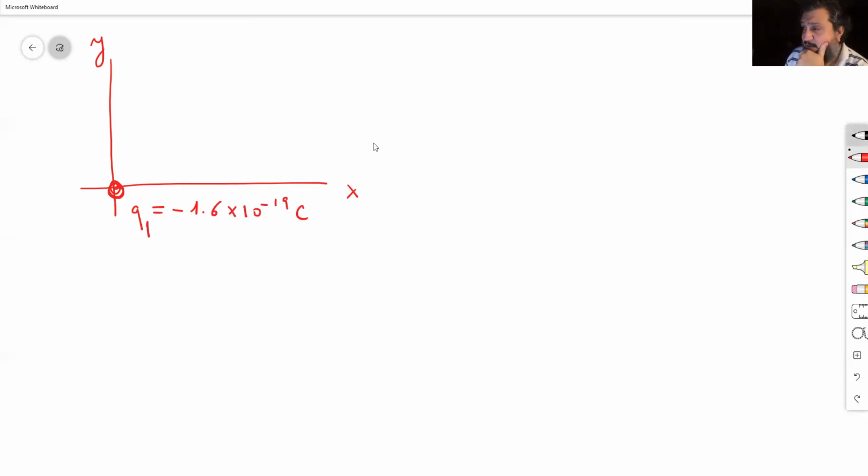And then I'm going to place a positive charge here. Let's say a proton, okay? Right here. A proton has the same charge. It's much heavier than an electron, but it has the same electric charge. 1.6 times 10 to the negative 19 coulombs.